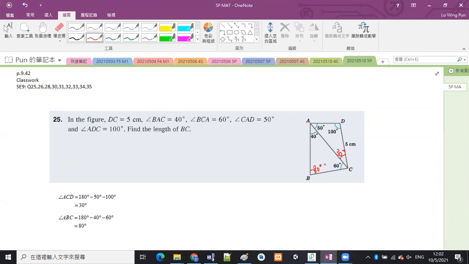In order to find length, we are going to use either the sine formula or the cosine formula. In this case, which formula should I use? Sine, yes, because we have one pair of known corresponding length and angle, and then we can find the other pair. I just want to find the common side, AC.